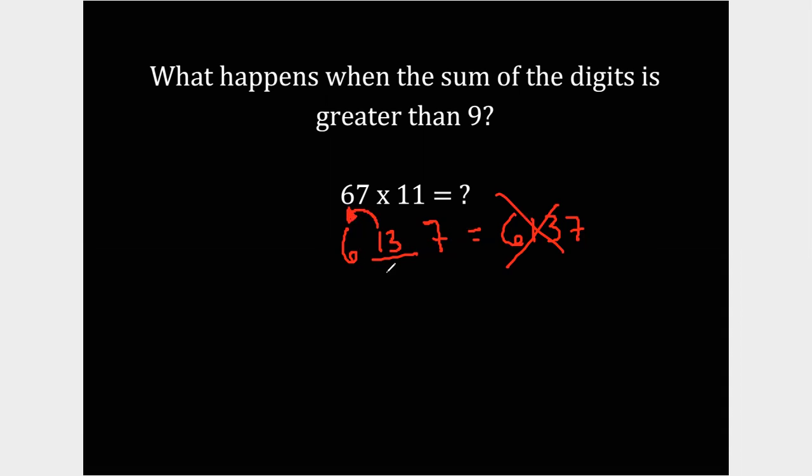So this is really going to be 6 plus 1, and then 3, and 7. So this equals 737. Basically, when the sum of the two digits is 10 or greater, you need to carry the 1 to the hundreds place.